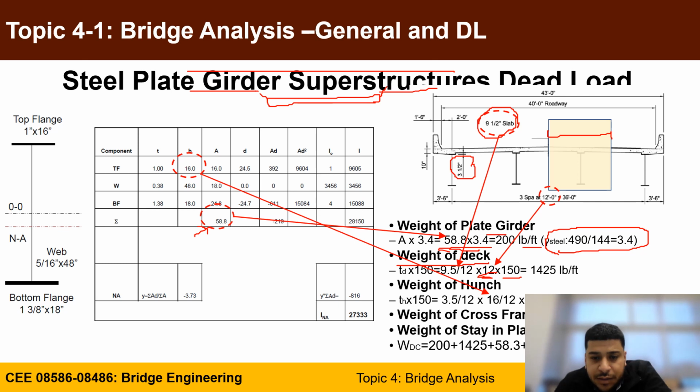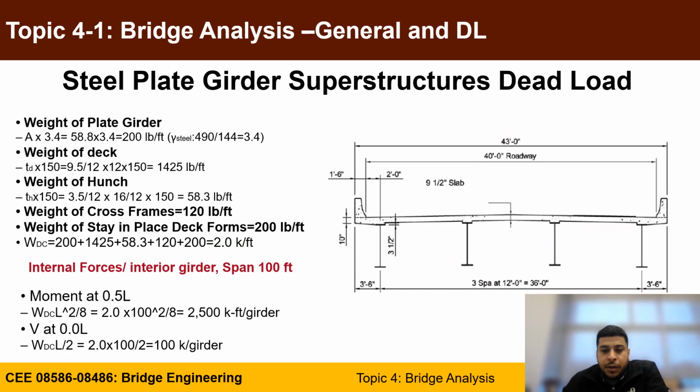So in this case, the thickness of the haunch is 3.5 over 12 to convert it from inches to feet, times 16 over 12, which is the width of your top plate, times 150. When you add them all up, you get your WC. Your WC in this case became 2 kips per foot, because you add so many components.